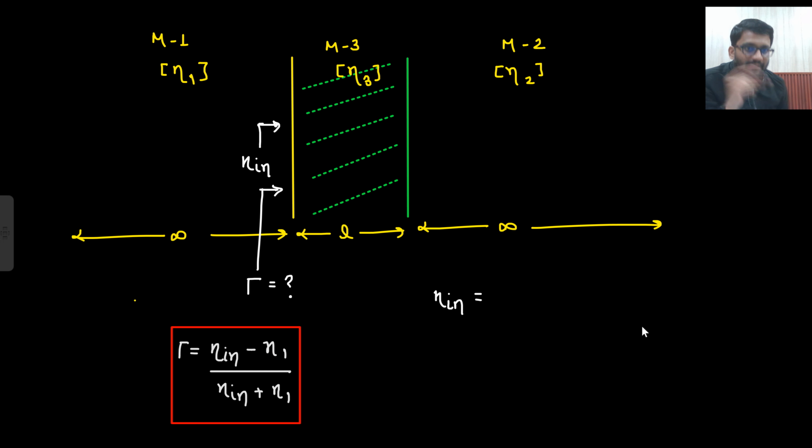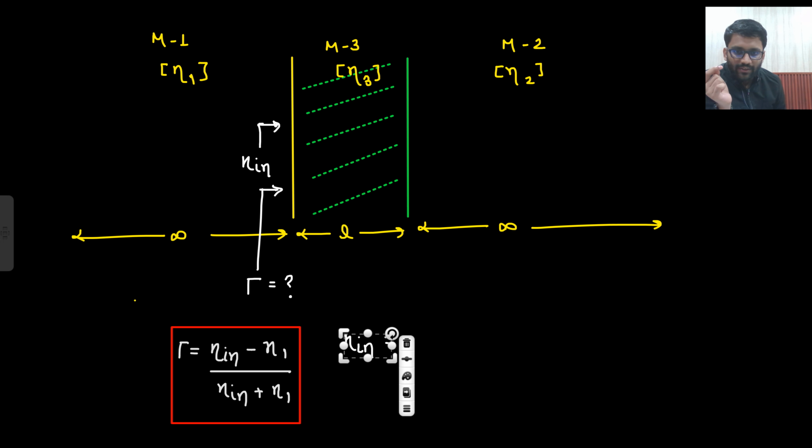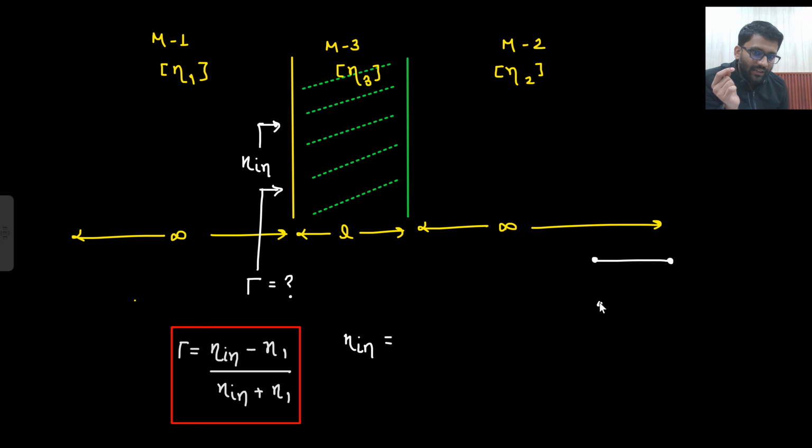Do you remember the transmission line? This was our transmission line. I am writing down the formula of neta in, which is also very important, but let's relate it with the transmission line. So this was your transmission line, which was connected to a load.